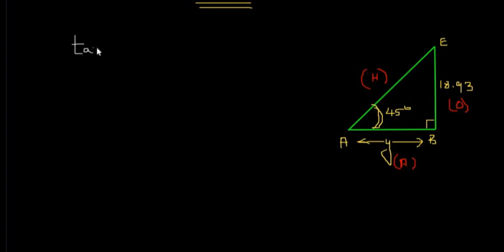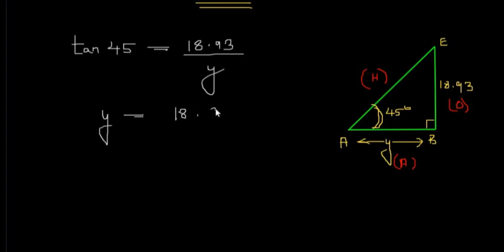So tan of 45 degrees is equal to opposite, which is 18.93, over the adjacent, which is y. So rearranging it, we get y equals 18.93 over tan 45.